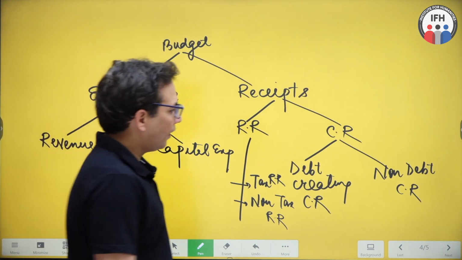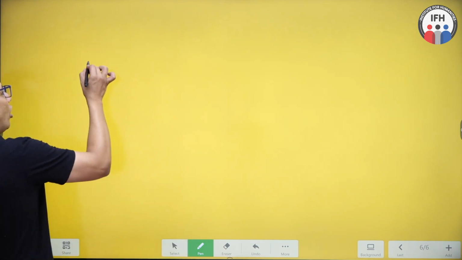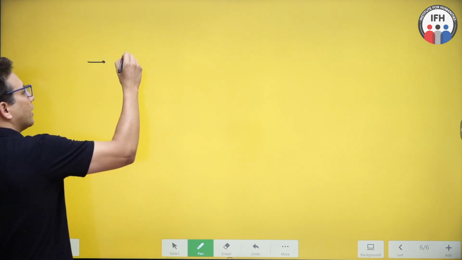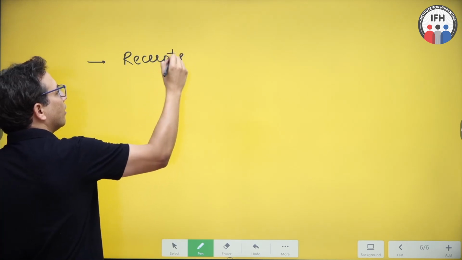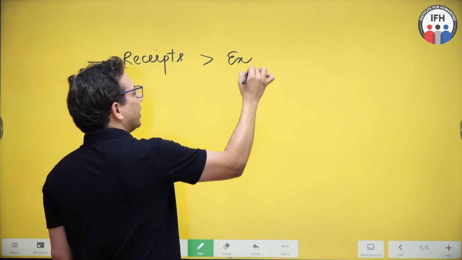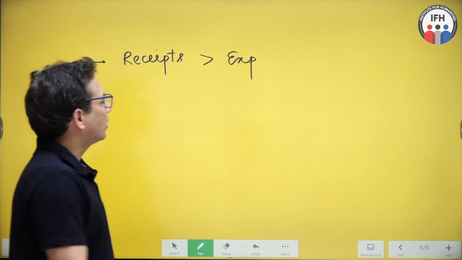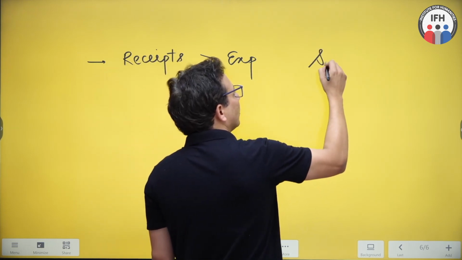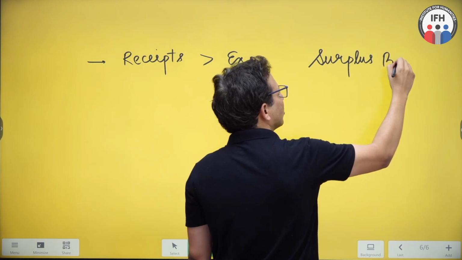All right. Now, if government's total receipts are more than government's total expenditure, then it is called a surplus budget.